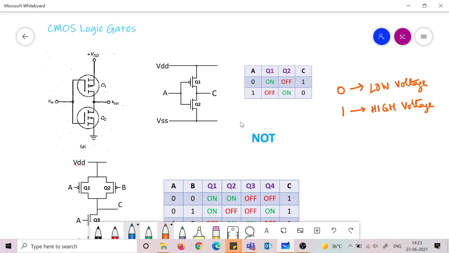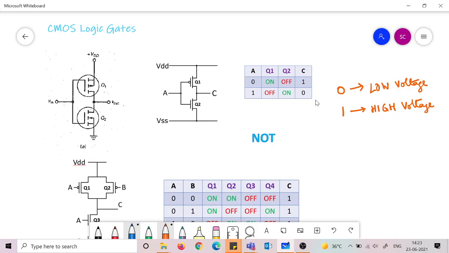The gates are the fundamental building blocks in digital electronics. Just as transistors and diodes are fundamental components in analog electronics, gates are fundamental components in digital electronics. And you can see here that each gate is comprised of transistors. Here it is 2 transistors, there may be multiple transistors also.